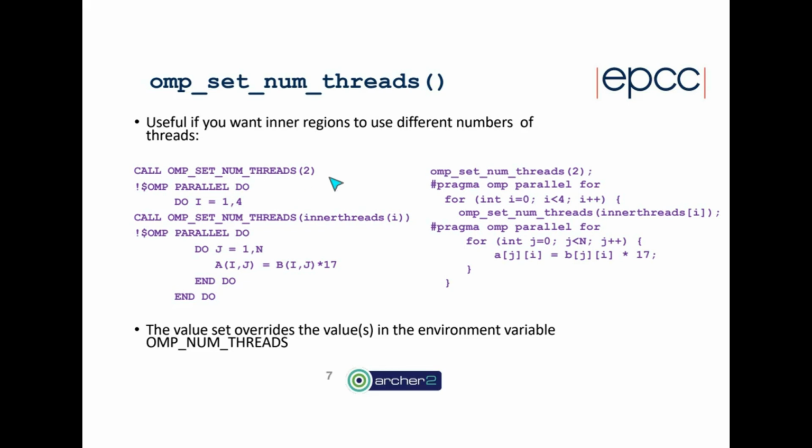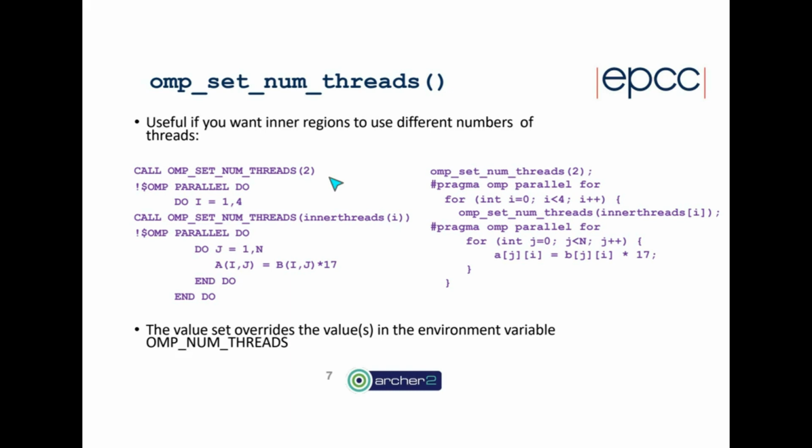And because OpenMP screwed up, the concept of internal control variables wasn't in the very original version, wasn't in version 1 of OpenMP. So the naming of these functions got a bit screwed up, because OMP set num threads sets this internal control variable, but OMP get num threads does not return its value.